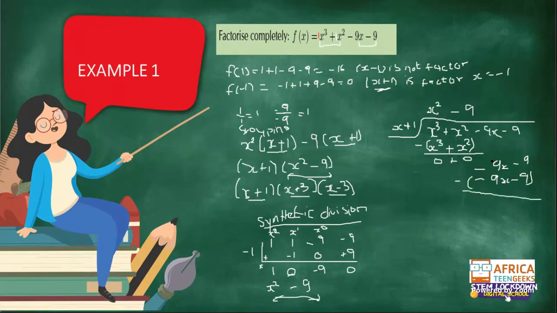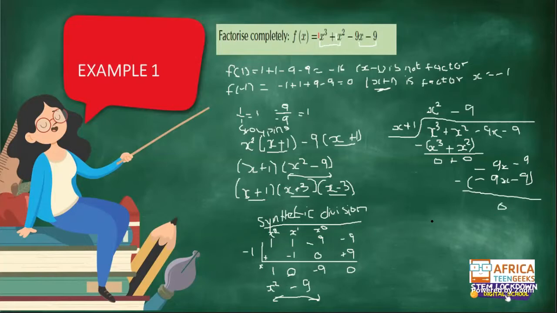Then you'll have negative 9x minus, remember this will be negative times negative, which is positive. So it will simply be negative 9x plus 9x, which is 0. And again, you have negative 9. So negative times negative is positive. Negative 9 plus 9 is 0.